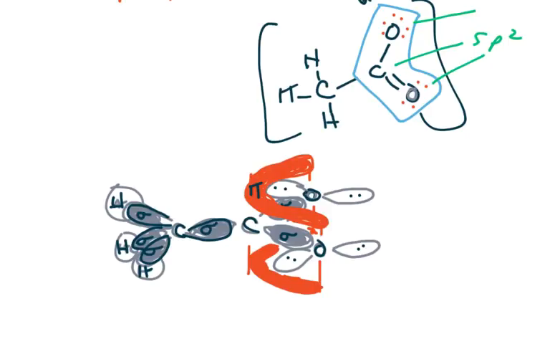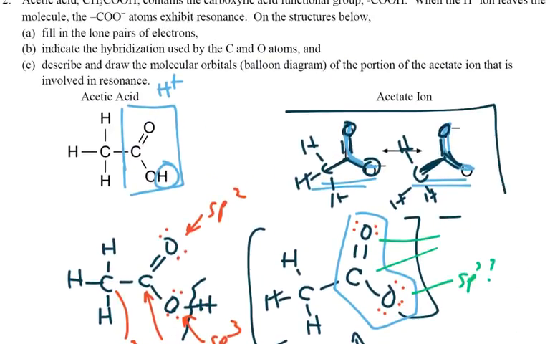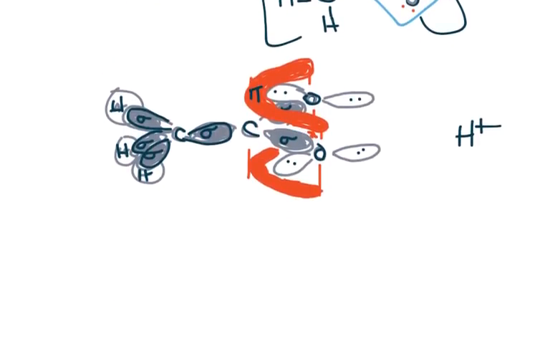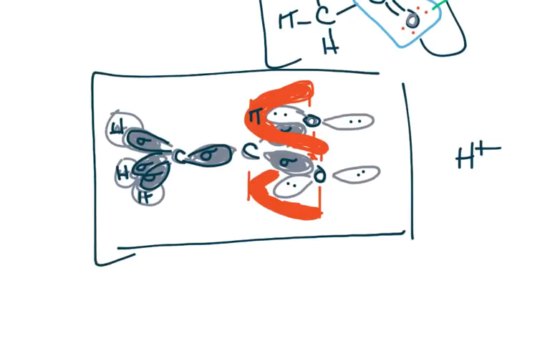That stabilizes this guy a little bit, and makes it stable enough so that a hydrogen ion can take off by itself, which is just a proton. And that is the bonding that we want to show for the acetate ion. So when we do way back here for this kind of a picture, just a little double arrow, it really implies all of this in our bonding diagram. And that's what's going on with the acetate.